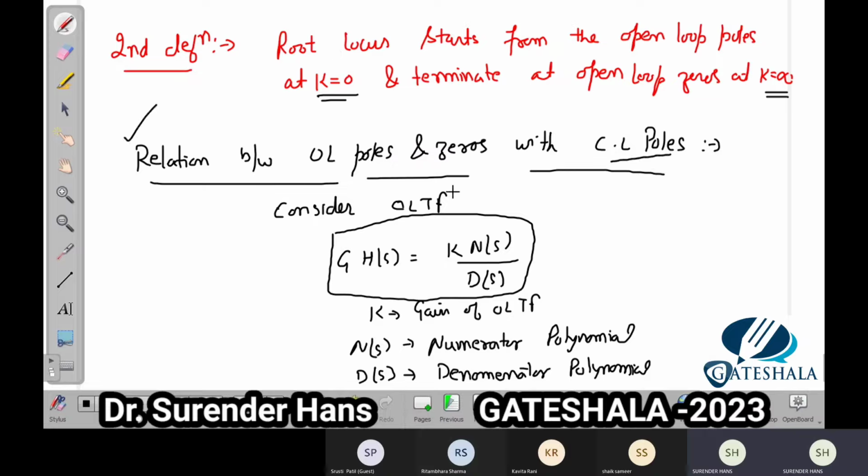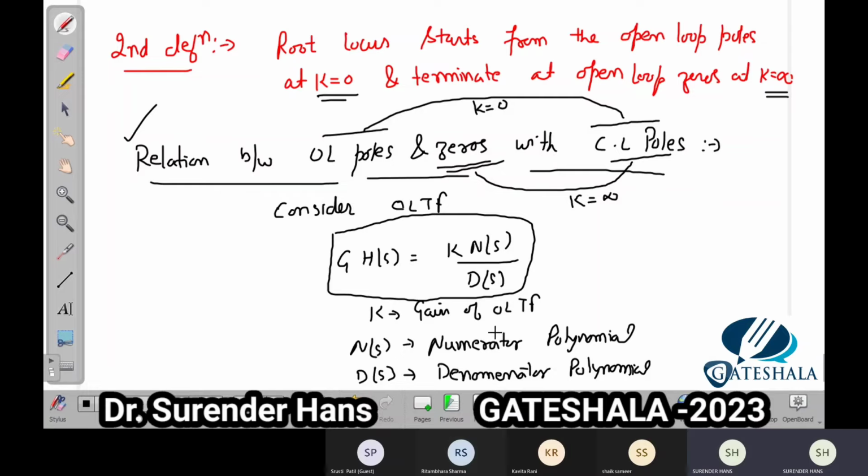Closed loop poles are the same as the open loop poles at k is equal to 0, and open loop zeros and closed loop poles are also the same at k is equal to infinity. Root locus starts at k is equal to 0 and terminates at k is equal to infinity. So that is another definition: root locus starts from the open loop poles and terminates at open loop zeros. Open loop poles and zeros are given in the question itself, so there is no need to calculate the closed loop poles.